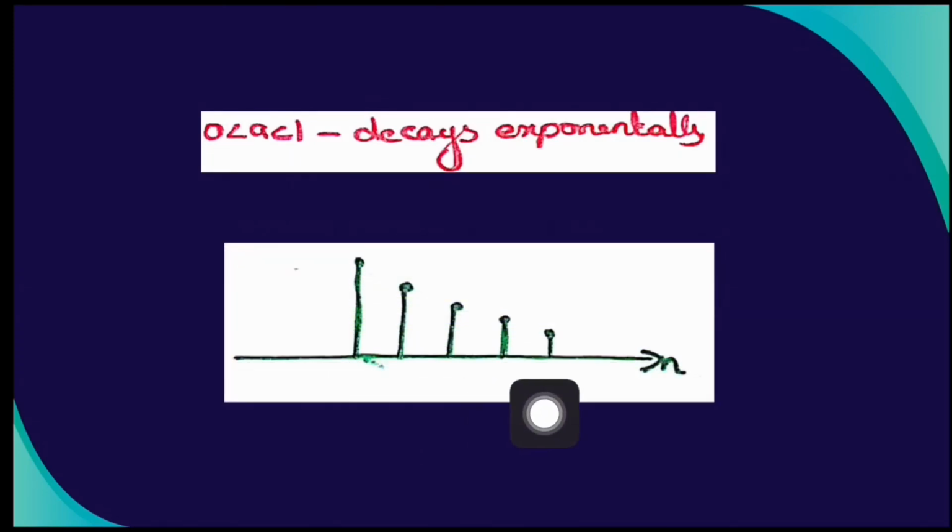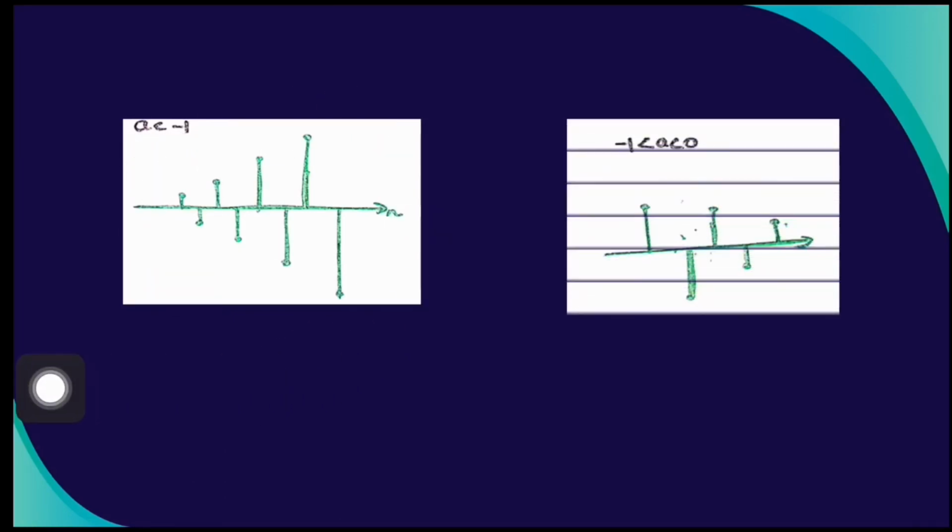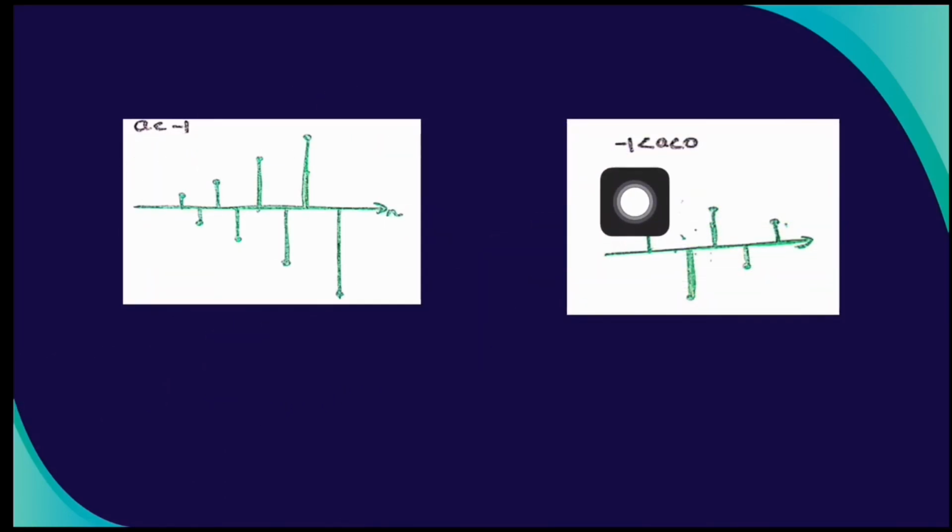On the other hand, if a is in the range 0 to 1, it will be a decaying exponential which looks like this. As the value of n increases, its amplitude decays exponentially. If a is less than minus 1, it will be like this, and if a is in the range minus 1 to 0, we get a waveform like this. Clear?